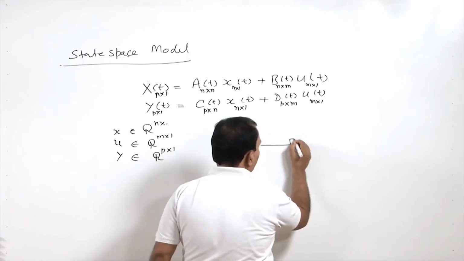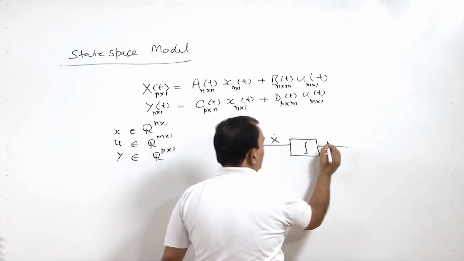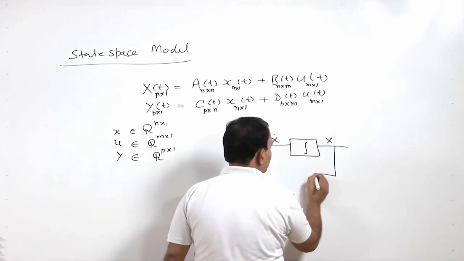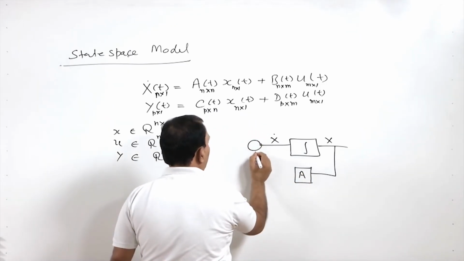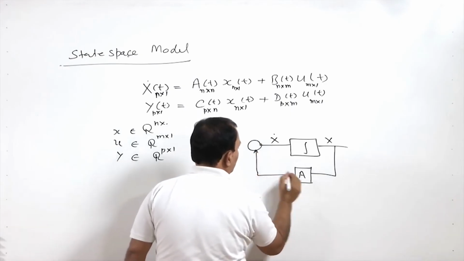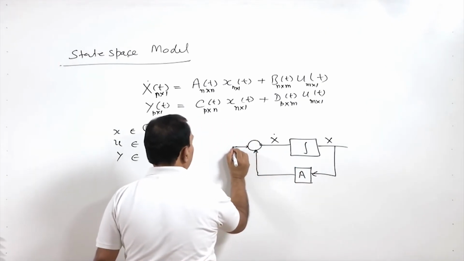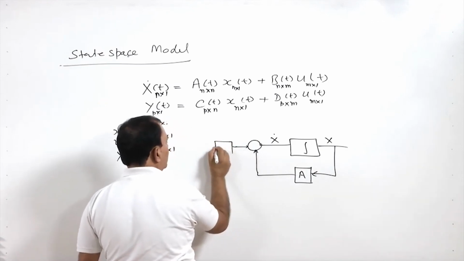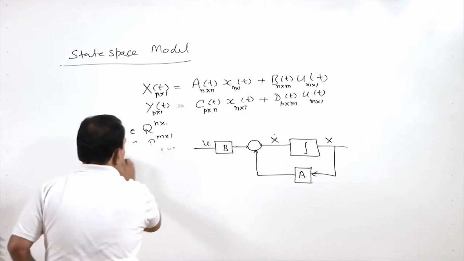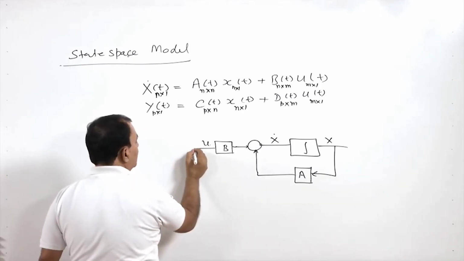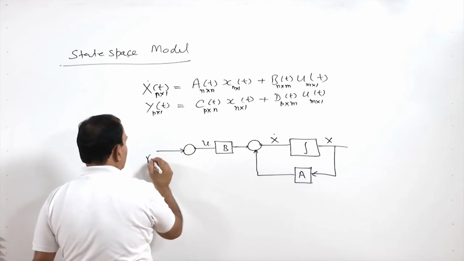The block diagram form of this system is: this is x dot, this will be x, this is my matrix A, x dot equal to Ax plus B. So, this will be my U, and U may be my R(t).